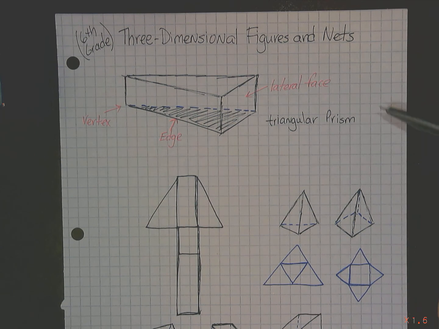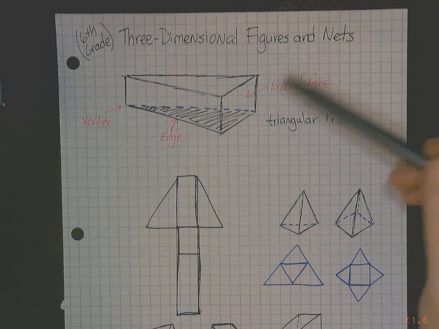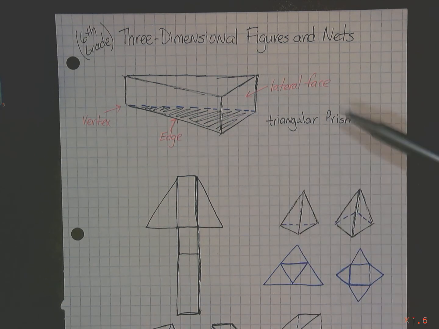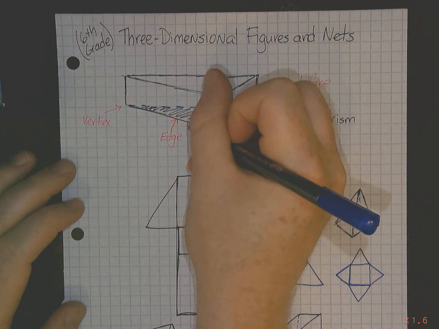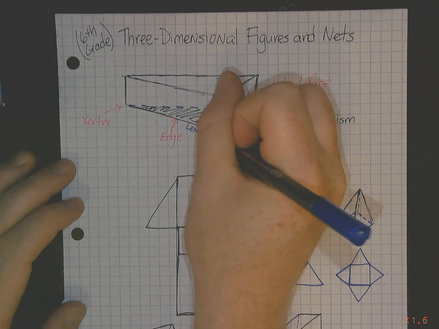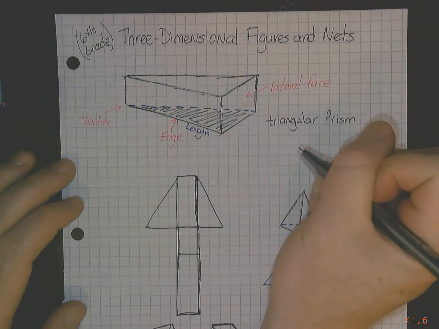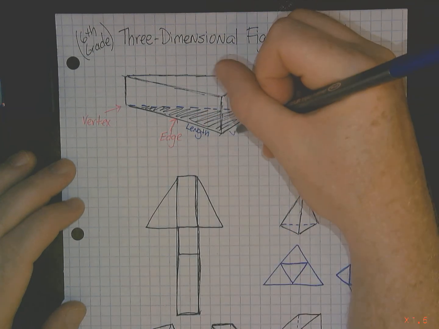Okay, so let's talk about this triangular prism. There's multiple dimensions to it. You've got length, width, height. Those are your three dimensions. Length, typically, is the longer of the two on the base. So this might be length here, and in that case, this would be width.